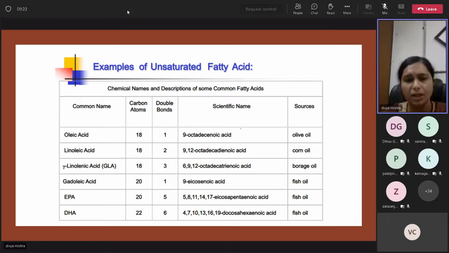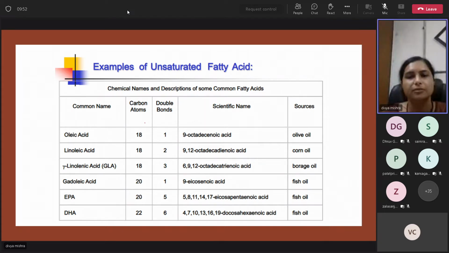I'm also sharing the sources just because here we are not able to access the sample, but when you will be performing this in the laboratory, you will be given a sample of any oil or fat. That sample may be from olive oil, corn oil, vegetable oil, butter, ghee, fish oil.